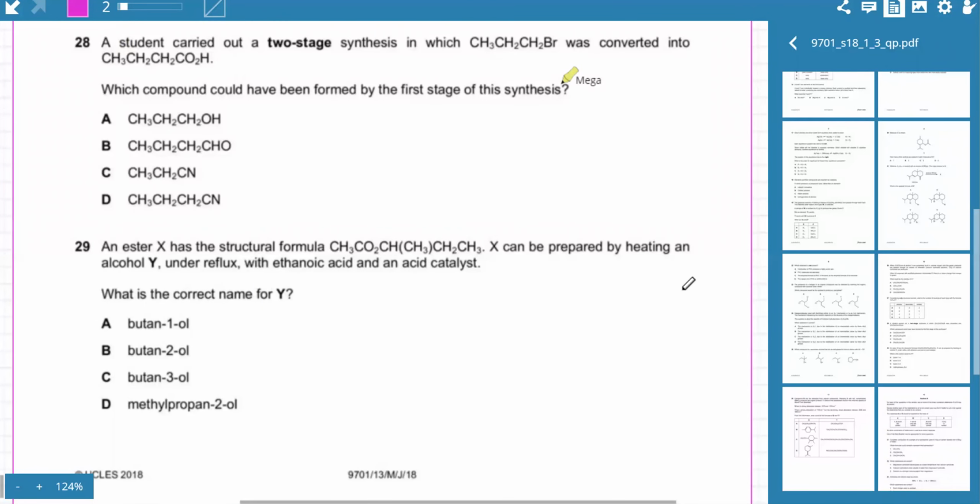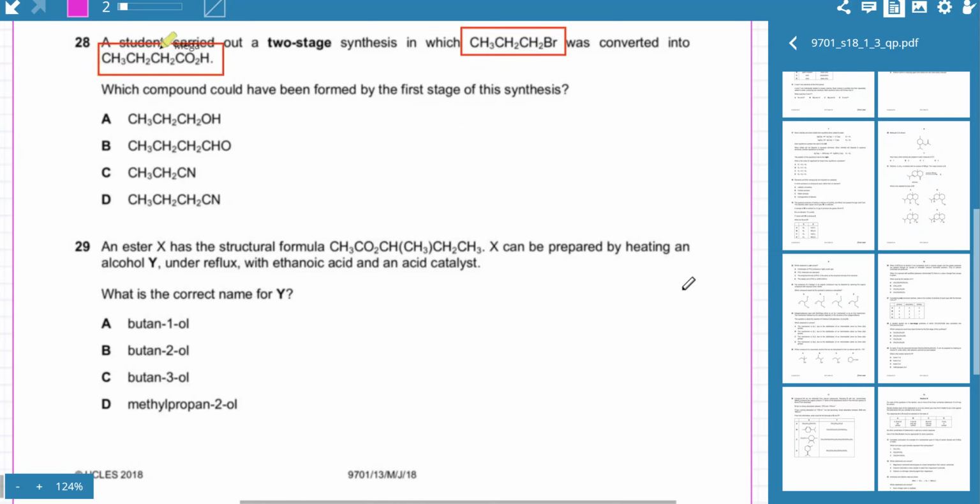As a next, a student carried out a two-stage synthesis in which CH3CH2CH2Br was converted into a carboxylic acid. One thing that you would notice very quickly, and always notice this, is three carbon atoms, and all of a sudden you have four carbon atoms.